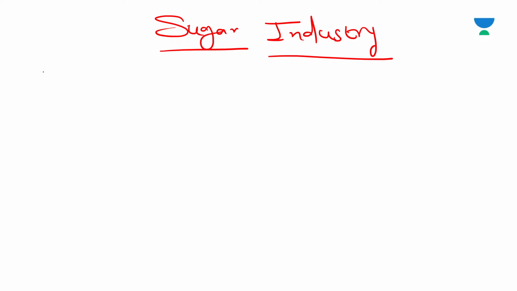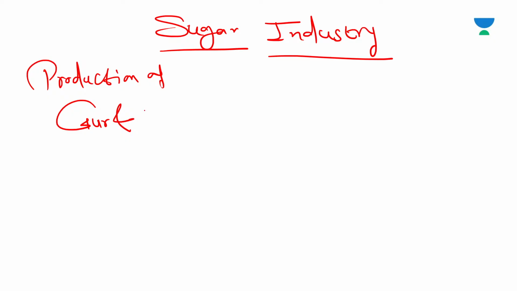Yes, in the production of gur and khansari we occupy the first place, whereas we are second as a world producer of sugar.